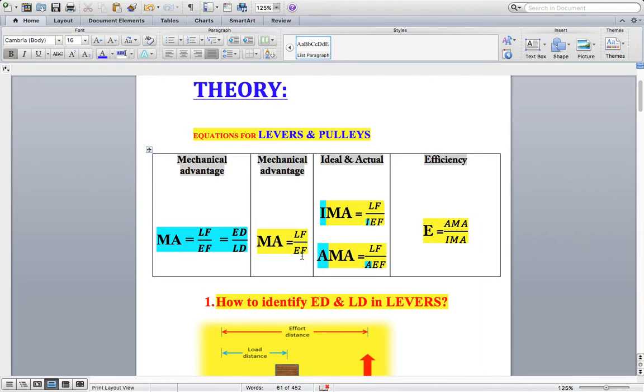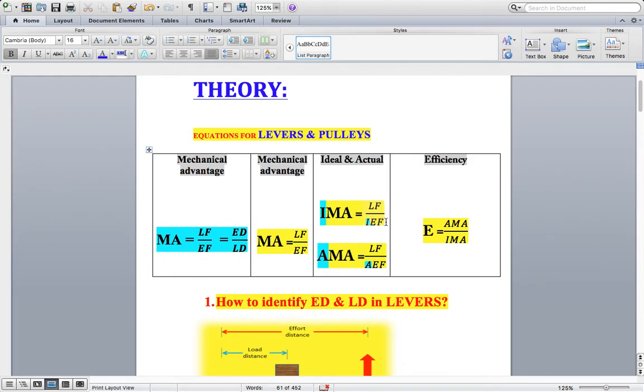If you want to find the ideal mechanical advantage, it's very simple. Just put the I in front of MA and in front of EF. Then you will get IMA is equal to load force over ideal effort force.